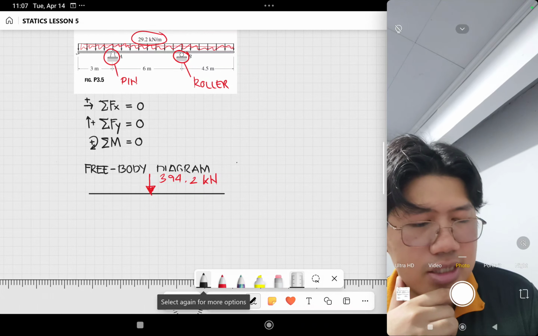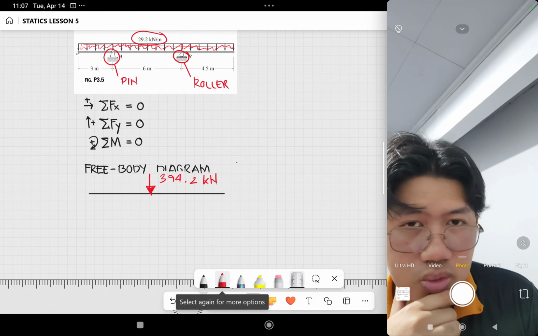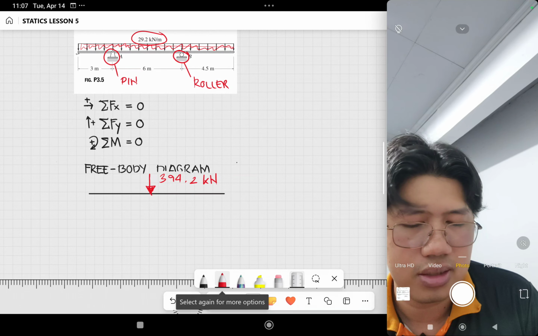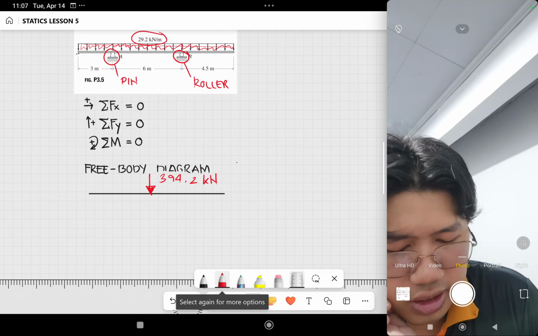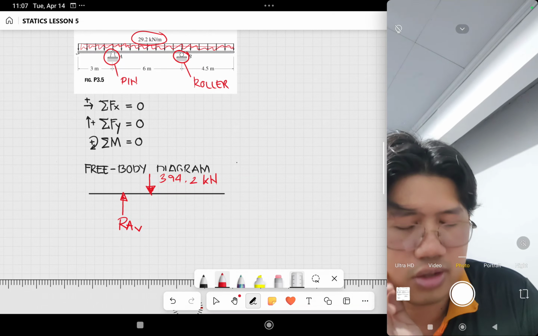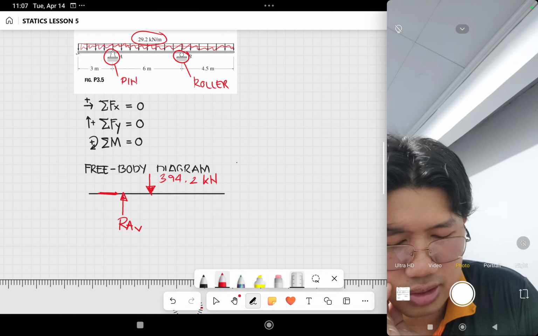So, babalikan natin yung kanina. Sa pin, we always have two reactions, I mean. So, that is a vertical reaction at the point. Tawagin natin itong reaction sa point A, its vertical component. And then we have a horizontal reaction.